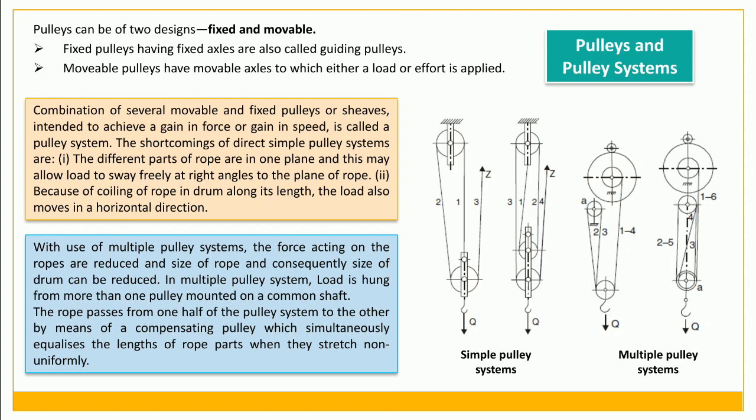Basically, the different parts of the rope are in one plane, and this may allow the load to swing freely at right angles or parallel to the plane of the rope.